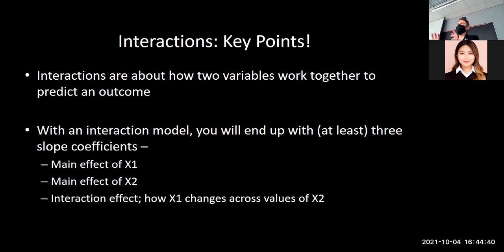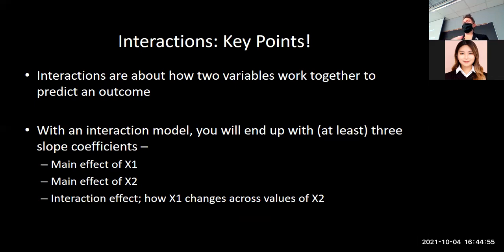Interactions generally are about how two variables work together to predict an outcome. So the two variables have to be in there together, which means with an interaction model, you're always going to end up with at least three coefficients.